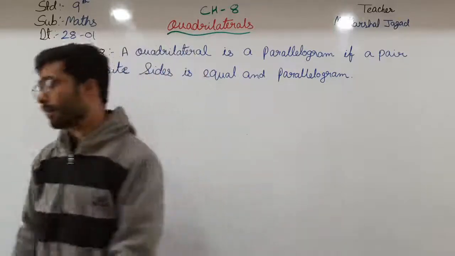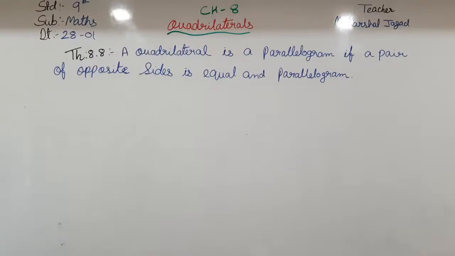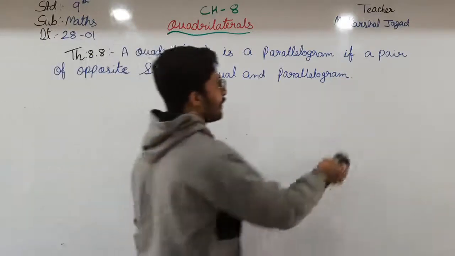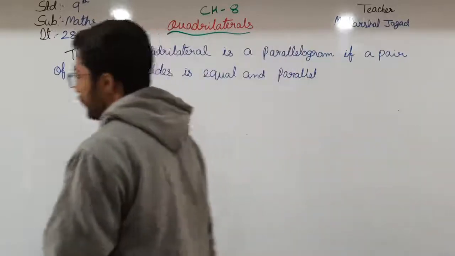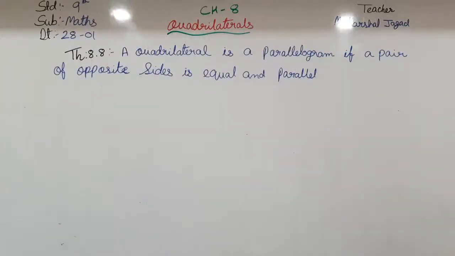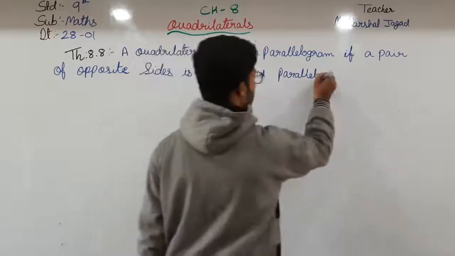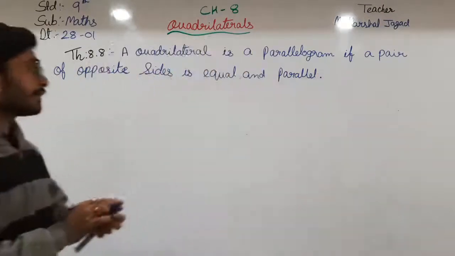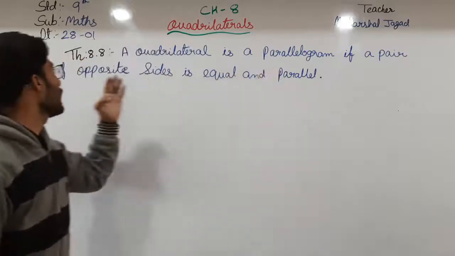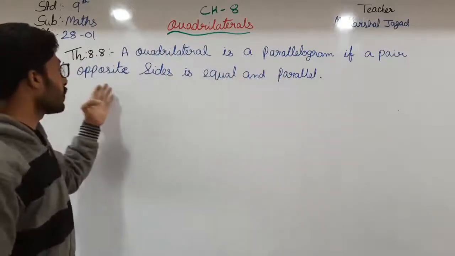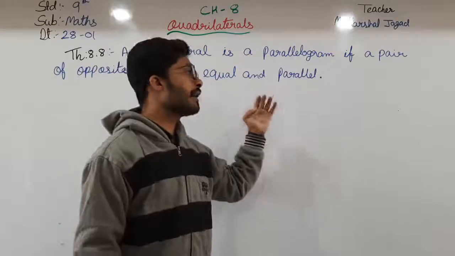Sorry, we have to write here parallel, not parallelogram. Again reading, a quadrilateral is a parallelogram if a pair of opposite sides is equal and parallel.